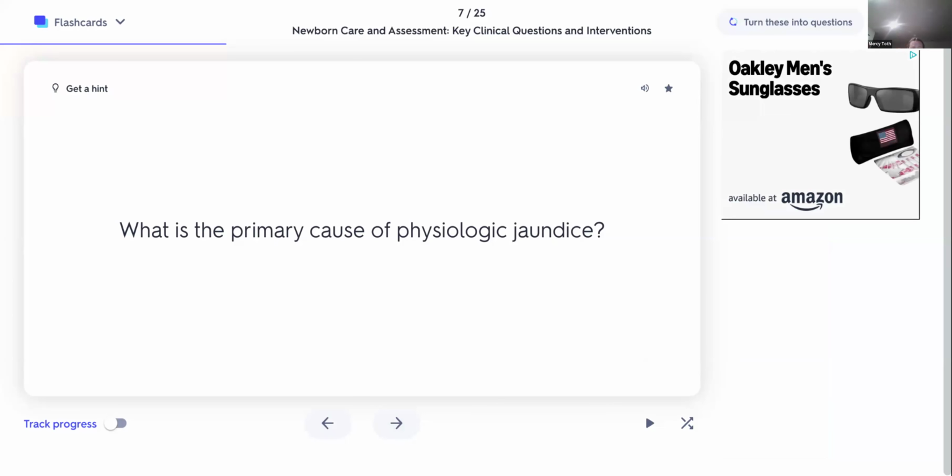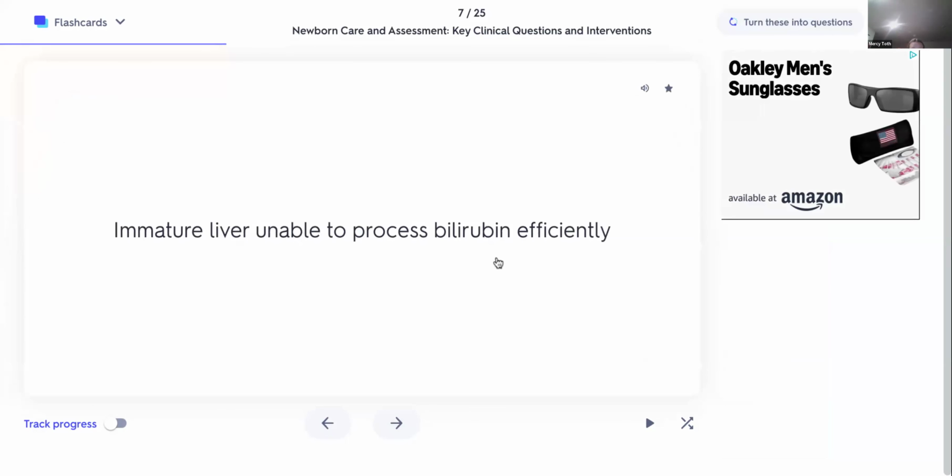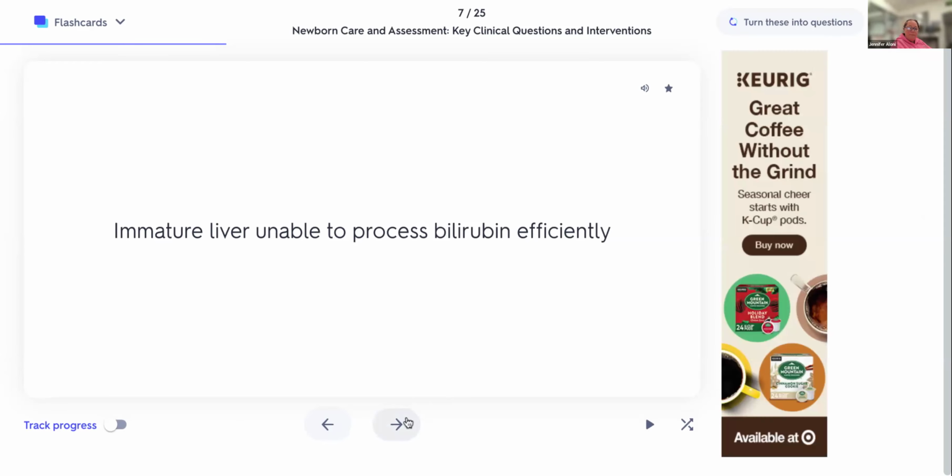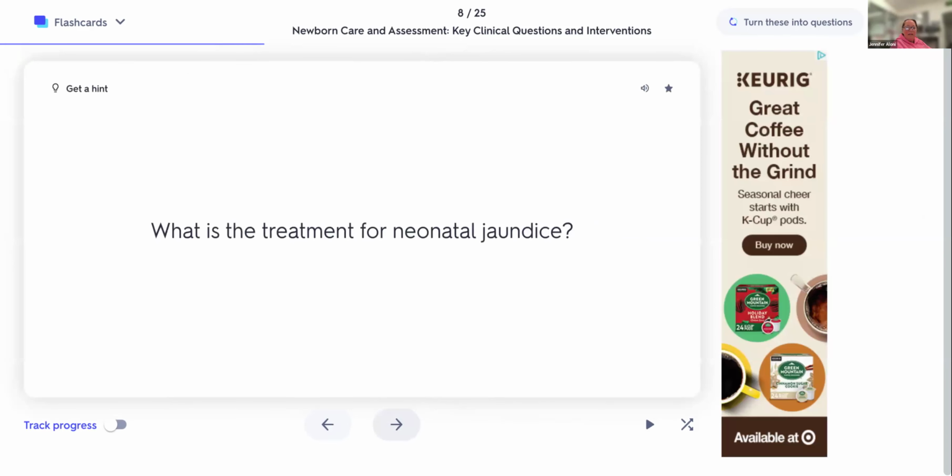Low bilirubin? So, kind of. It's an immature liver unable to process the bilirubin efficiently. And how common do you think that is? I think it's very common. I've seen a lot of babies with jaundice. Yeah, it's not that uncommon.